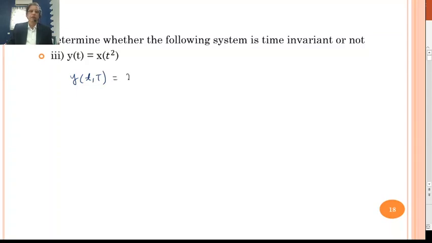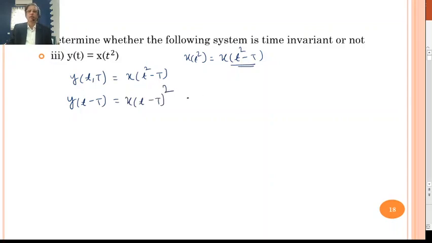If we delay this input, it becomes x(t²-T). Then delay the output, that is y(t-T): replace t by t minus T, and that is x((t-T)²).